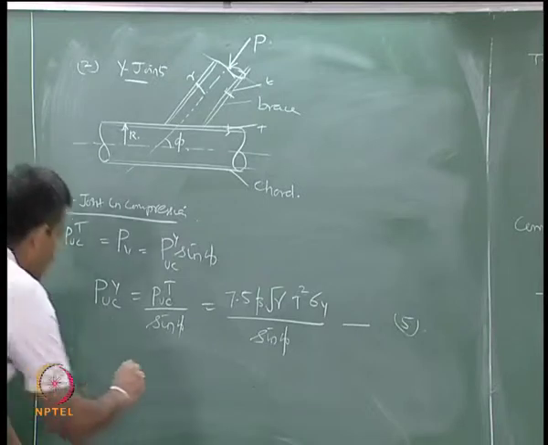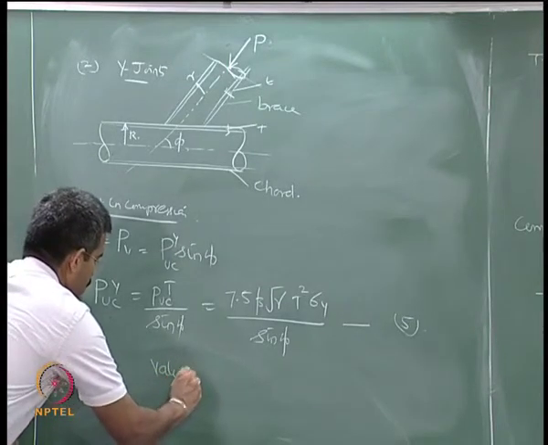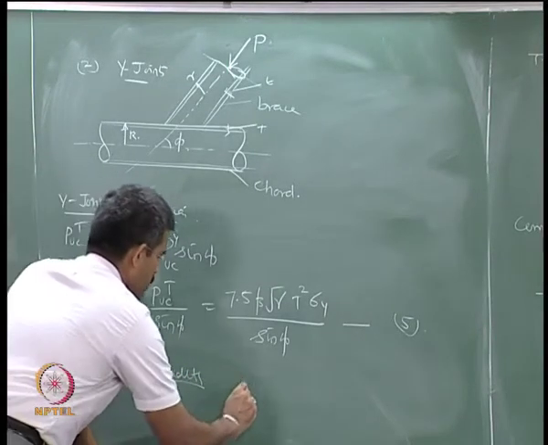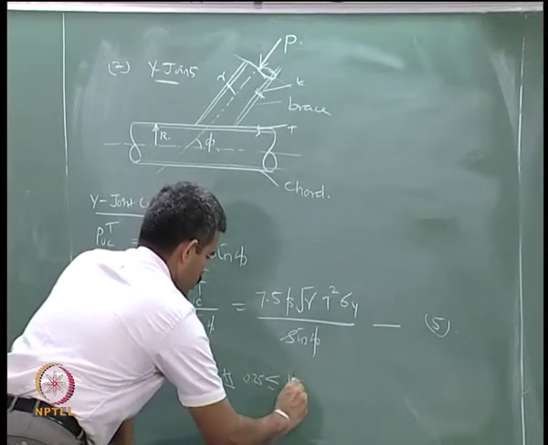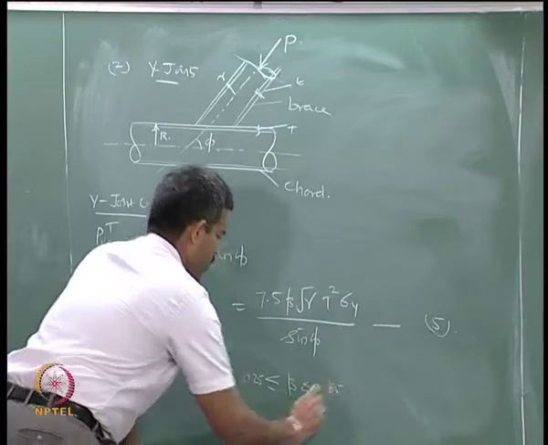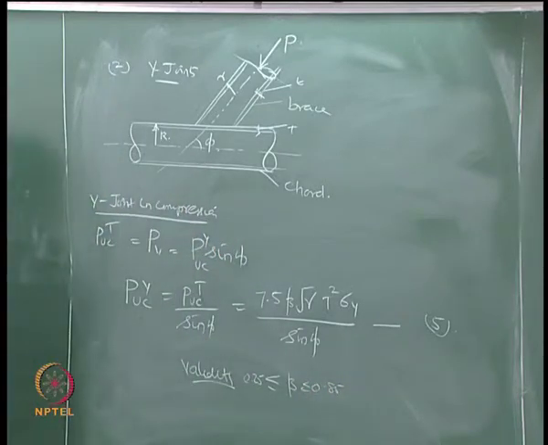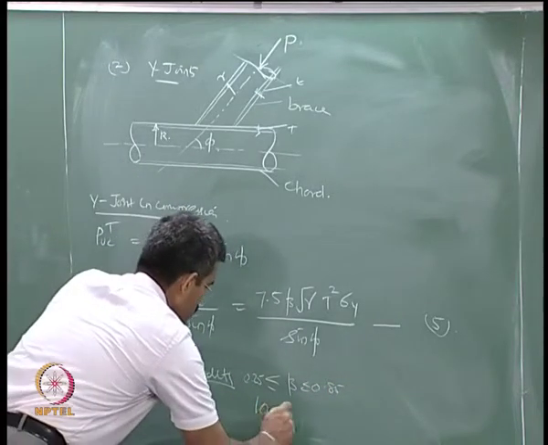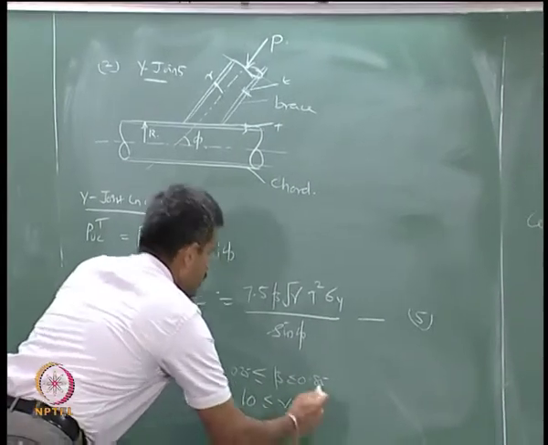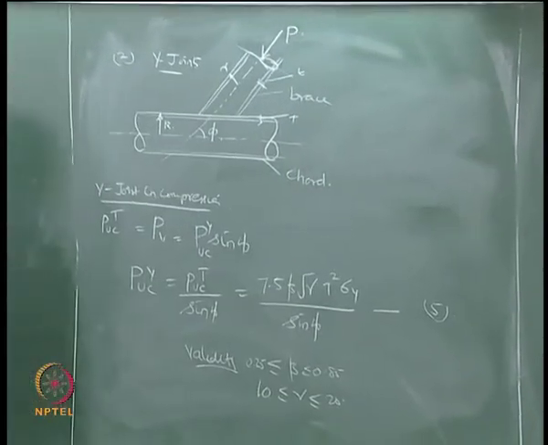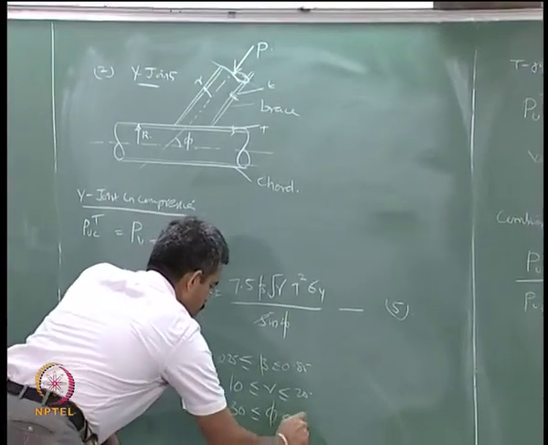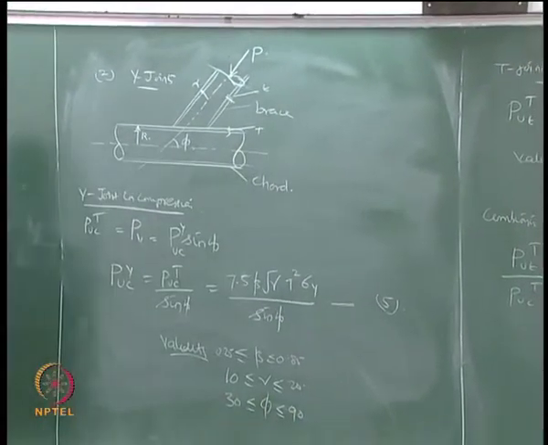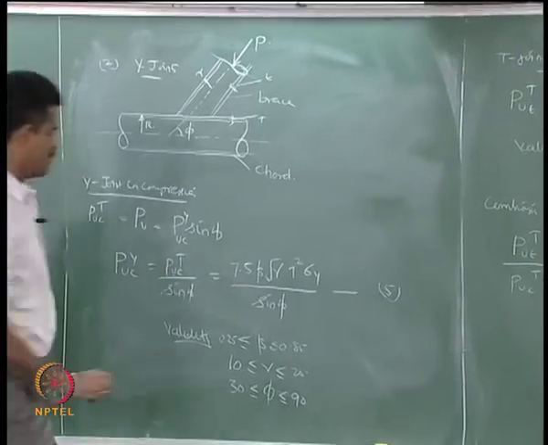The validity of the parameters: 0.25 to 0.85 is for beta, 10 to 20 is for nu, and for phi it is 30 to 90, equation number 6.